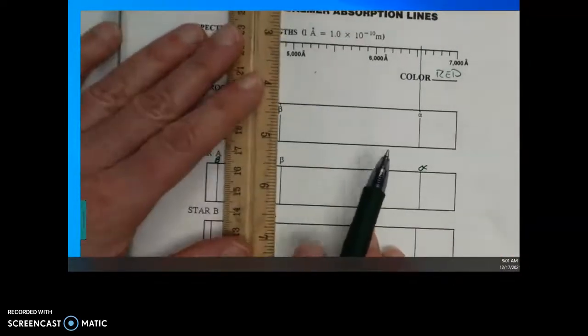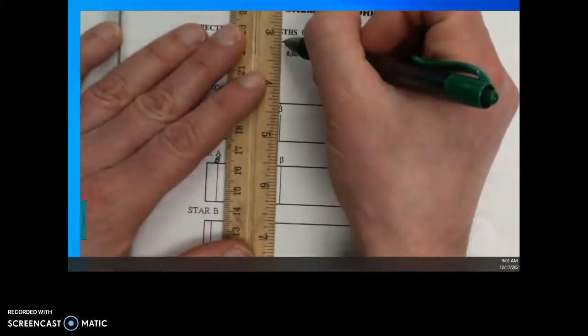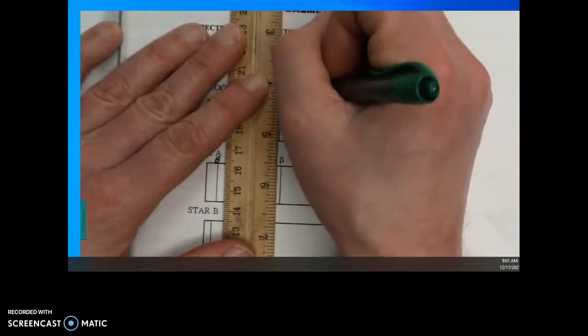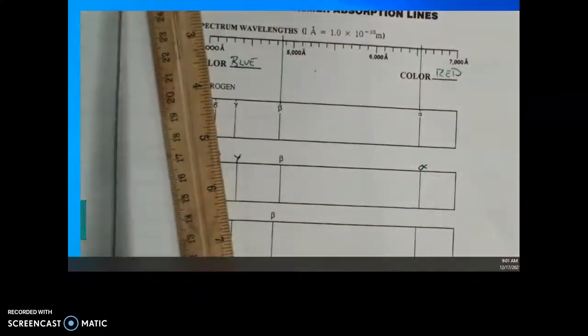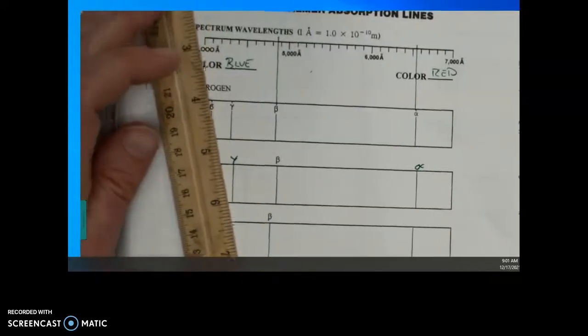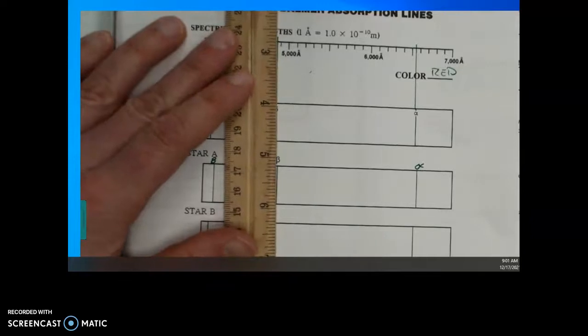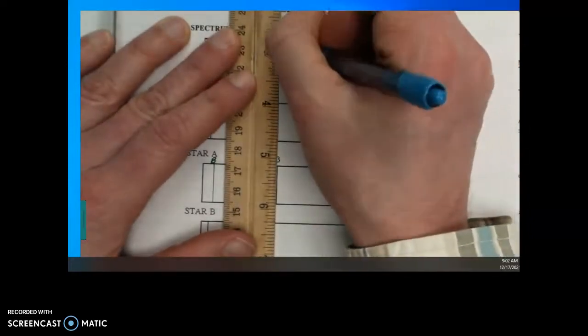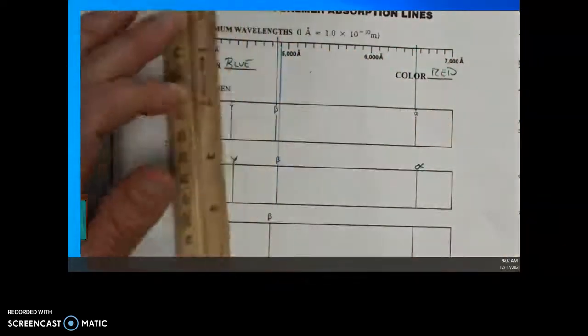So you guys have already recorded what this one was here. So this was from the laboratory line. I'm just going to use a different color pen here so I can keep track of what I'm doing. So now we're going to look at this one from star A. We're going to go up and measure this.